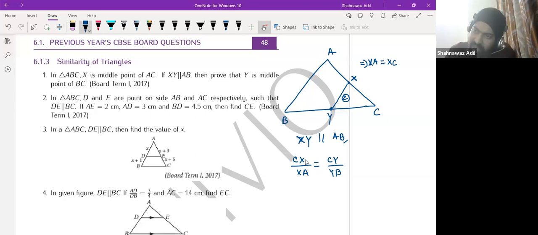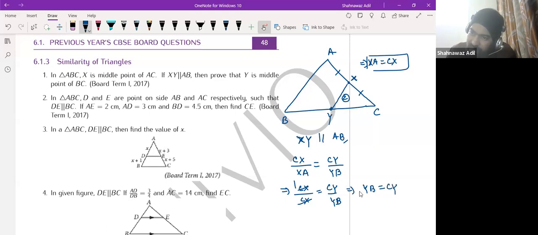Because X is a middle point, so these two sides are equal. So I can write CX by XA is 1, and CY by YB, so I will get AB equal to CY, which proves that this Y is the midpoint.